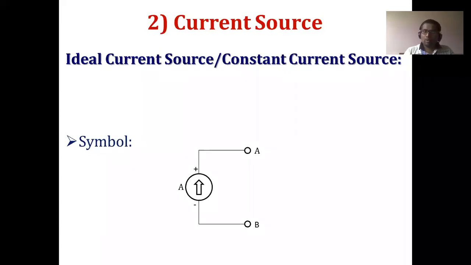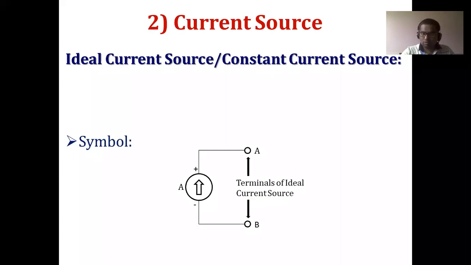Because whatever the load resistance connected in between the point A and B, this current source will supply the constant current in between the point A and B. That's why it is called a constant current source. But physically it is not possible.